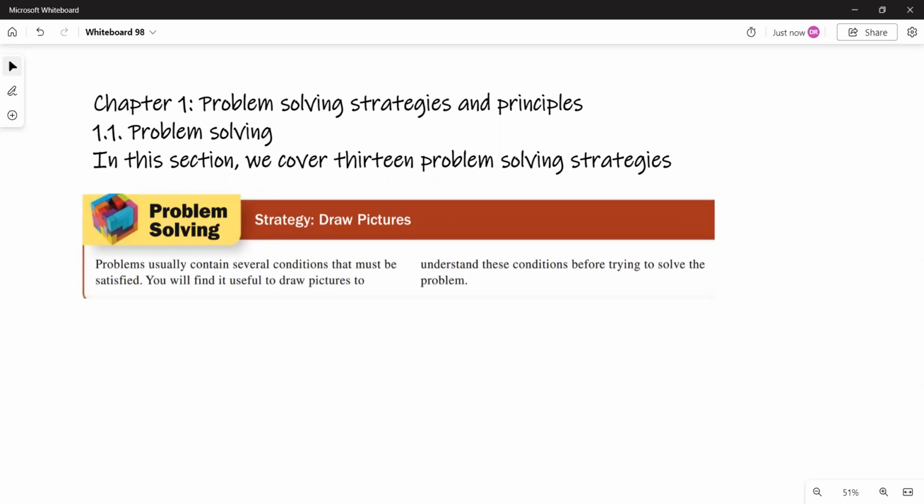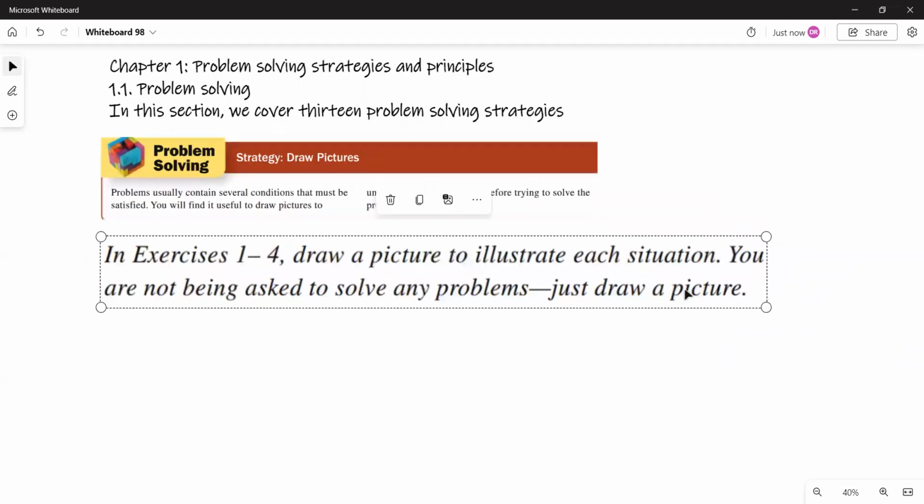For example, this is number 2 at the end of the section. All you need to do is draw a picture. You don't need to solve anything. You are just drawing a picture.